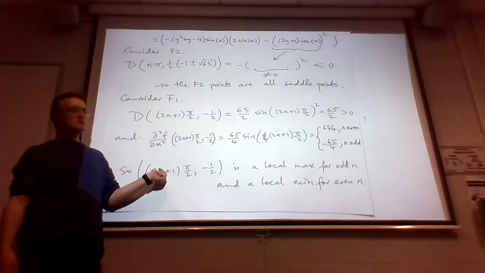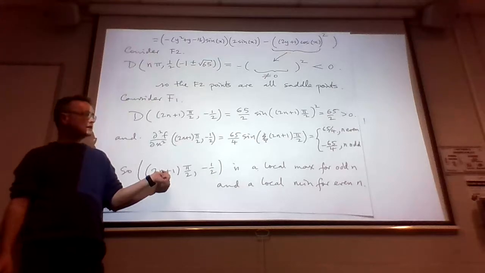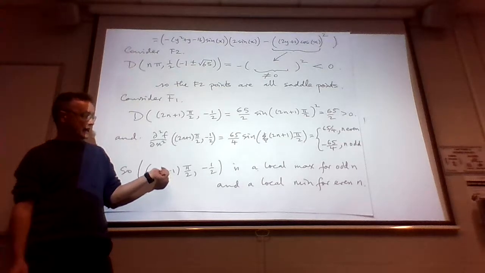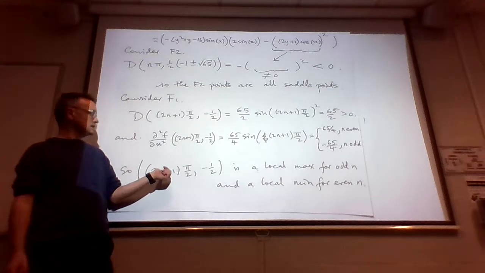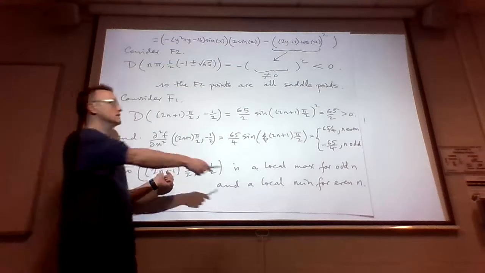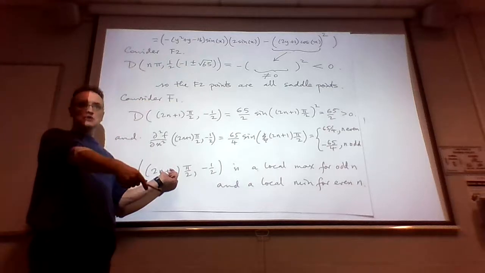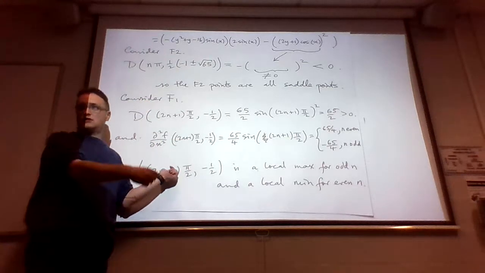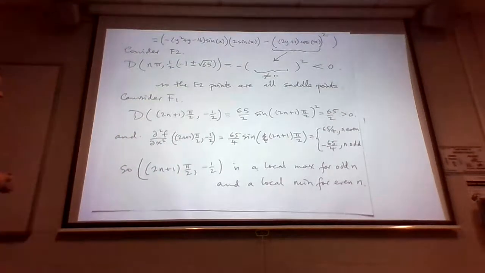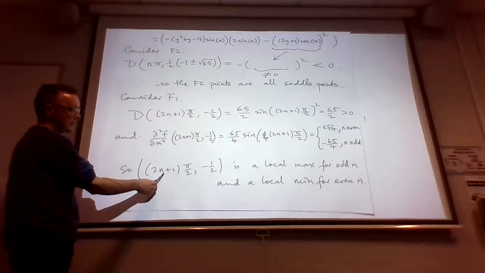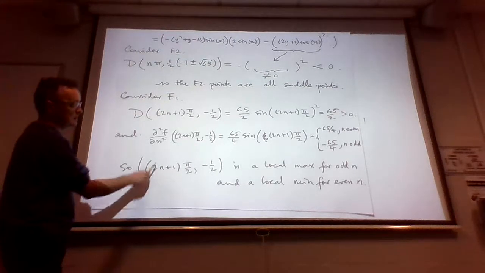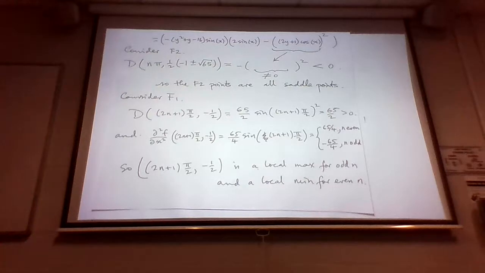Because when n is 0, that's one of the even values of n, we get a local minimum. Then you get n equals 1, which is an odd value of n, which gives you a local maximum. Then you get n equals 2, which is, again, an even value, so a local minimum, and so on. Okay. So as the integer values of n tick through here, you get the alternating sequence of local minimums and maximums.